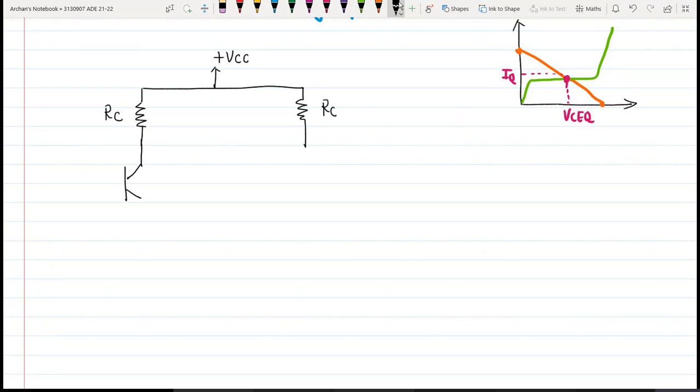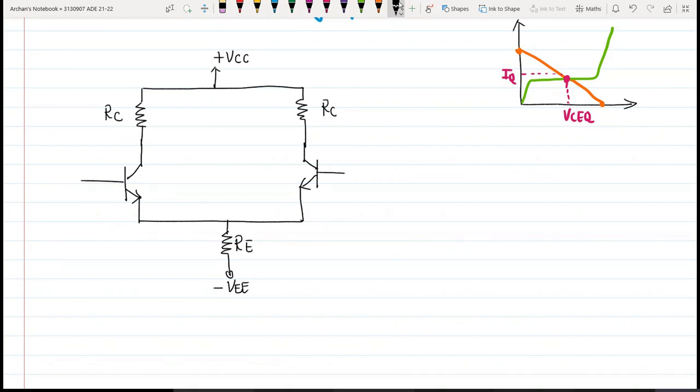Now we will have these transistors. The emitters of both these transistors are connected to a common point, and it is supplied by negative VEE voltage. So this is the emitter resistance RE.